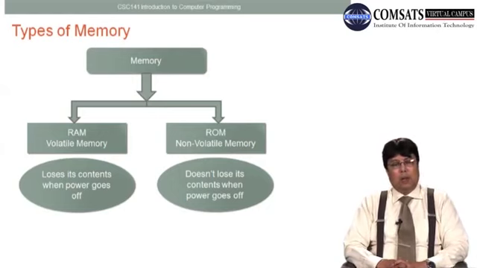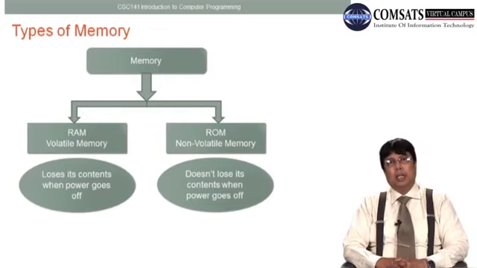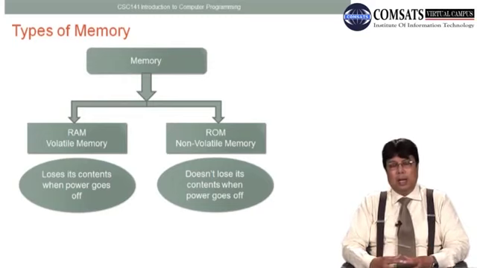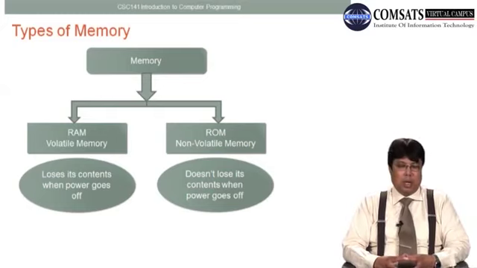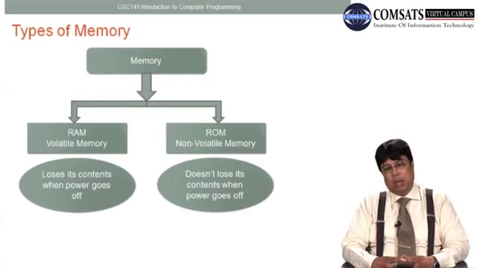You remember we talked about the memory of the computer, and I said that the memory of the computer is the workspace, the archiving space, the storage space, and then we categorized the memory of the computer into two parts: volatile memory and non-volatile memory.